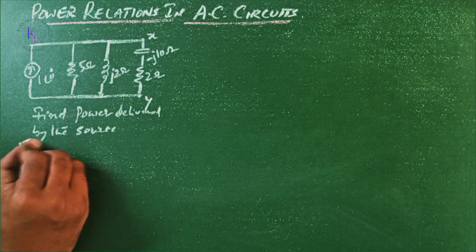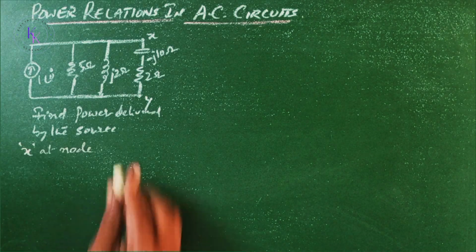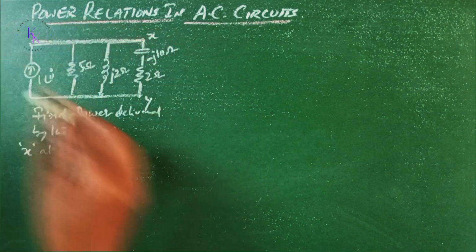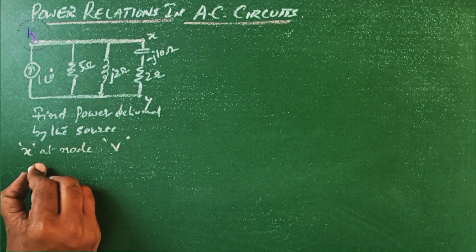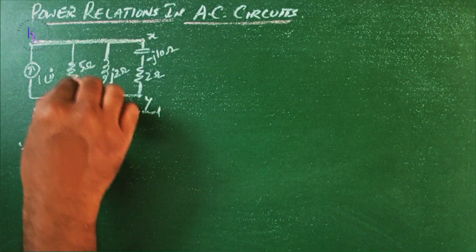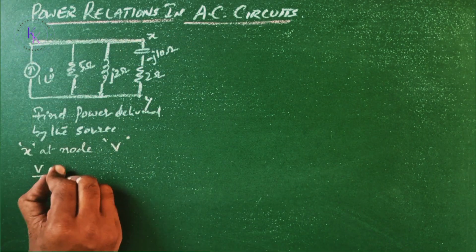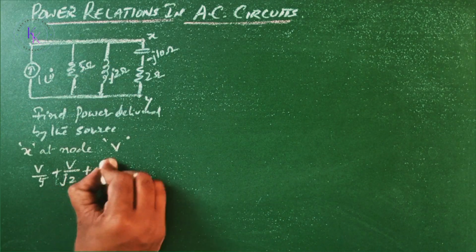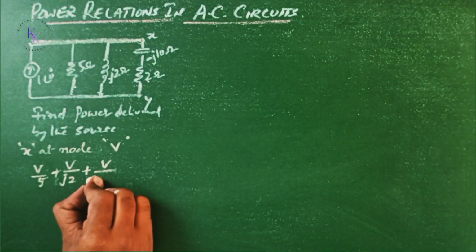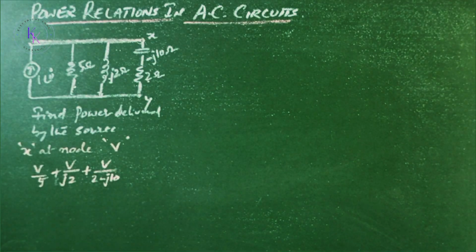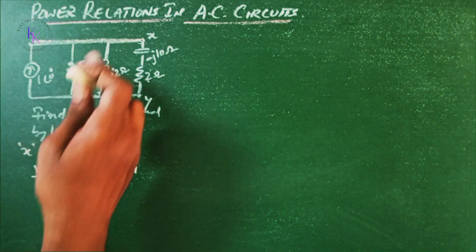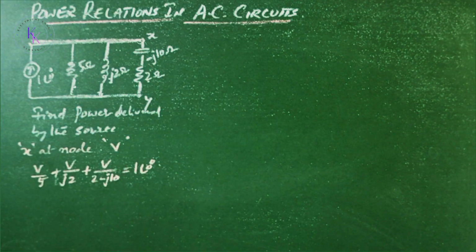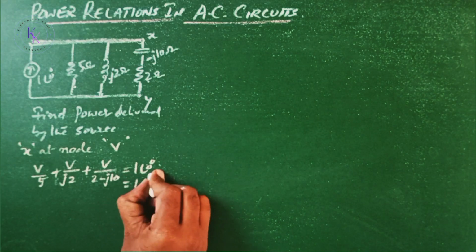Apply the node analysis at node X and assume the voltage at node X. This is node X, you can represent it anywhere. The voltage is V. Now you get the current at node X from this branch V by 5, plus from this branch V by j2 ohms, plus V by the total impedance 2 minus j10. This equals the current coming to the node, 1 at an angle 0 degrees, or we can represent it as 1 plus j0.